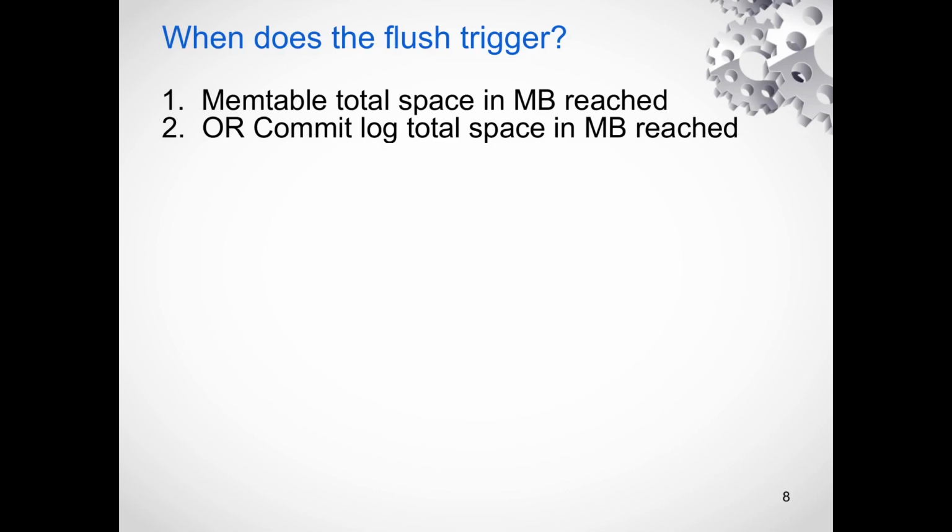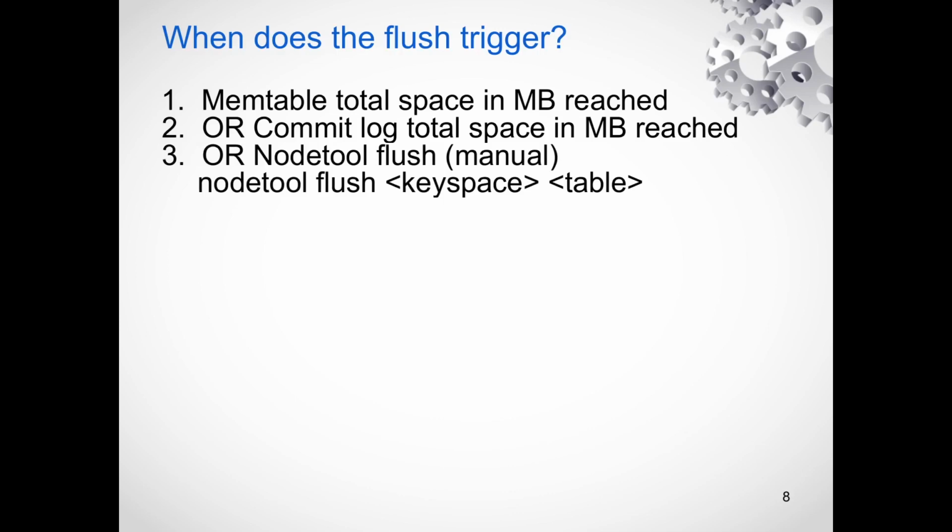So this is another trigger where Cassandra will initiate a flush. And you can, by the way, specify all of these in Cassandra.yaml. You can manually flush as well. So you can say nodetool flush with keyspace and table as an optional parameter. Once you do that, that initiates a manual flush.